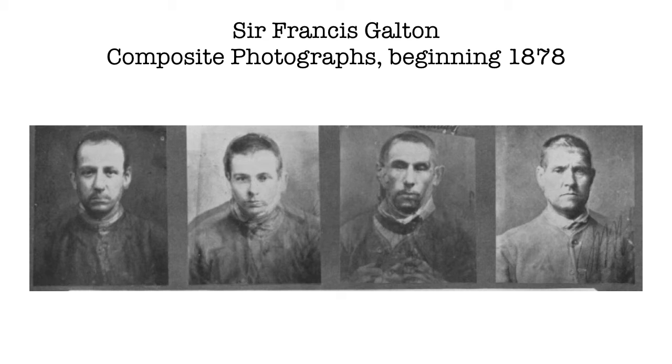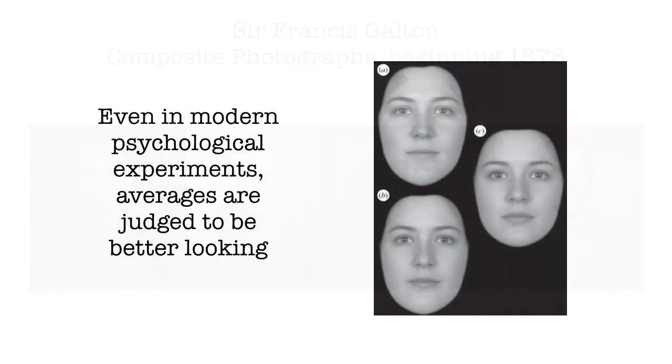So let's look at a modern psychological experiment. Here we have three faces, A in the upper left, B in the lower left, and C in the middle right. The face A is an average of many female faces with the average of the shading, the light and dark of those faces.